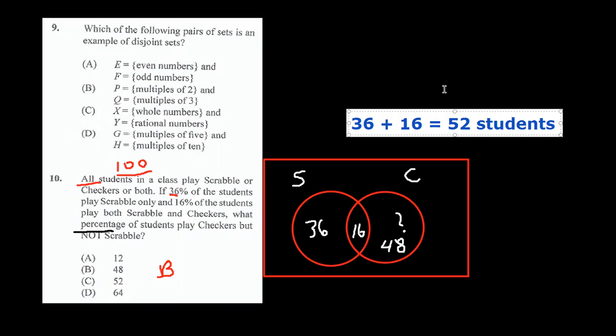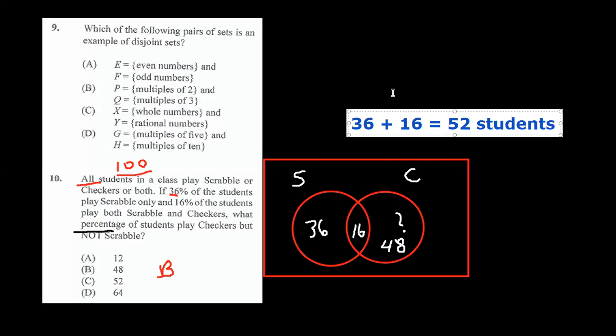Making sense so far? That makes sense to you? So the trick is, as I said, assume there are 100 students in the class. It didn't say that. It said percentage wise, but that's allowable to make the question general.